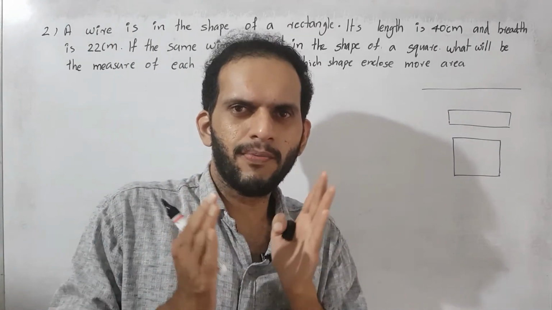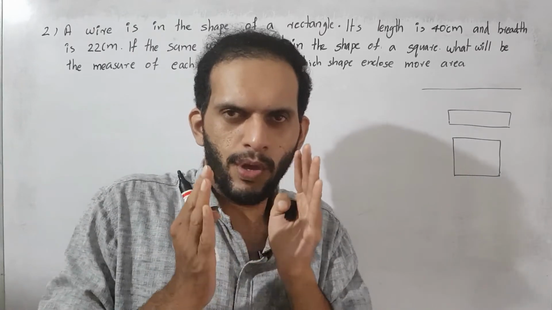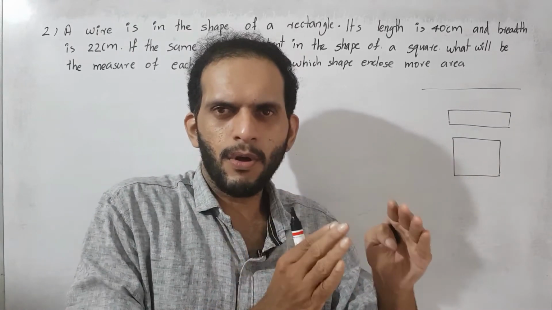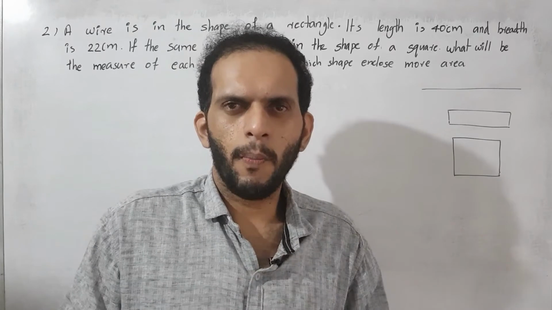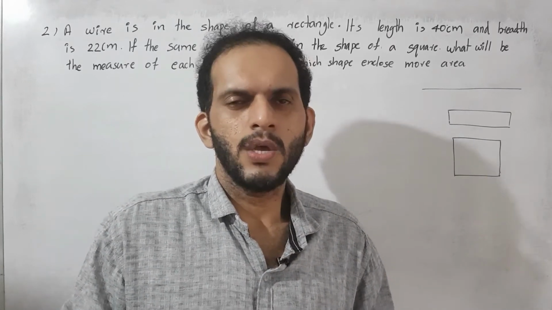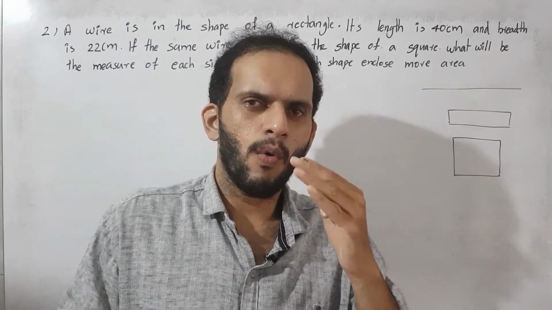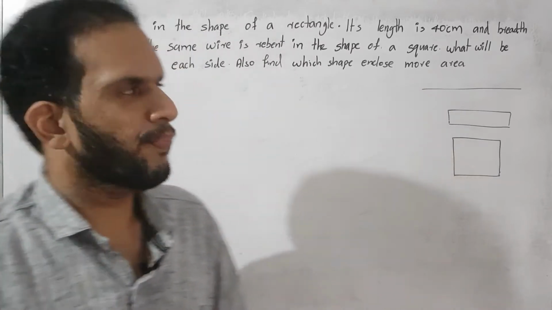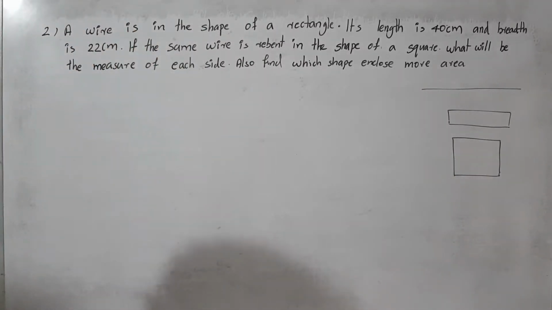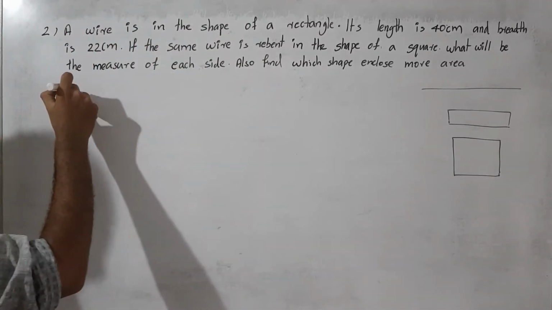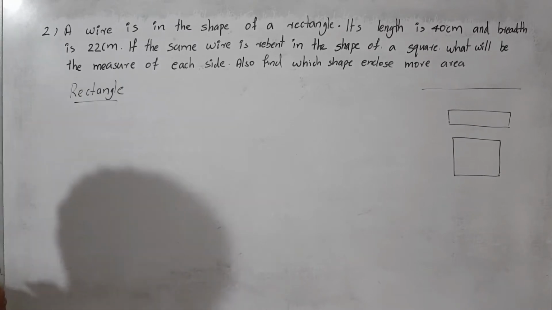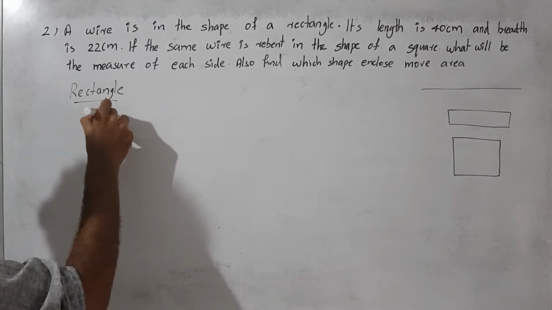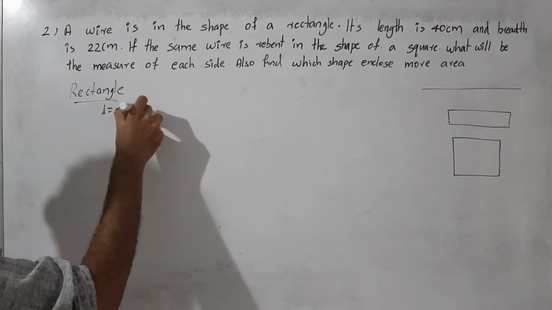Then what is the idea we follow here? In this case we use the idea that the perimeter of the rectangle is equal to the perimeter of the square. Okay, so we find them one by one separately. The first one is the case of the rectangle. L is given, L is equal to 40 centimeter.